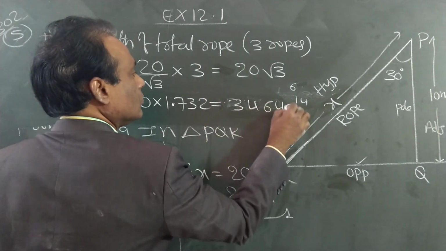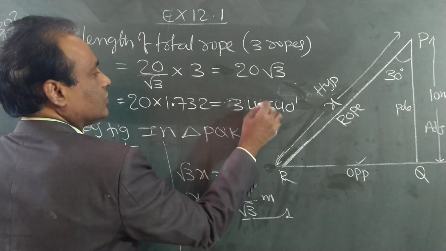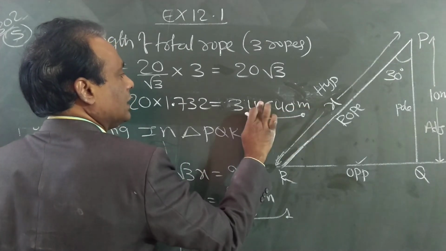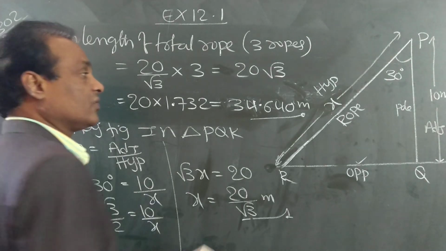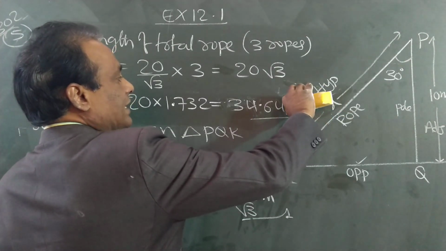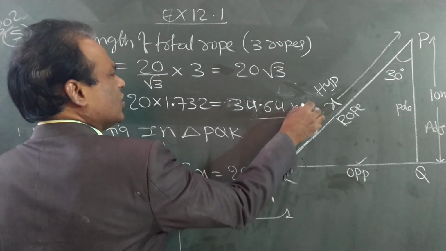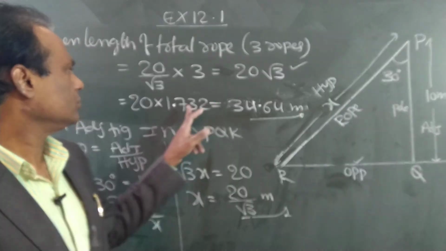So decimal, 3 digits. So in decimals the answer is 34.64 meters. The last digit 0 we don't write. 34.64 meters we can write, or you can leave it. If the root 3 value is given, you can substitute.